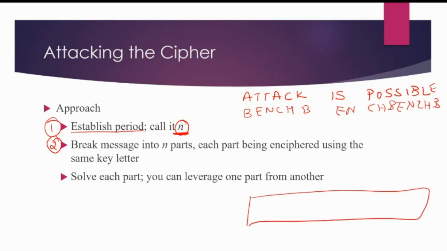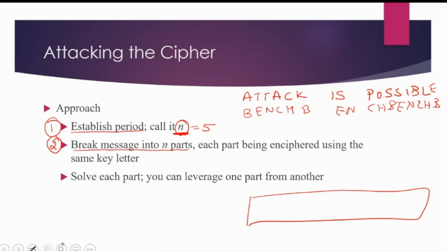Now there is a peculiar property, if you can identify, why I would like to break the entire message into n parts. Because the size of the key is 5, if you work with each fifth letter, there is a peculiar property associated with it.